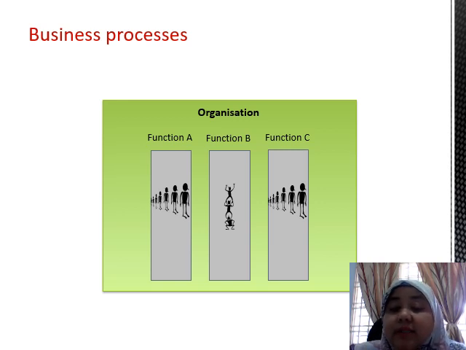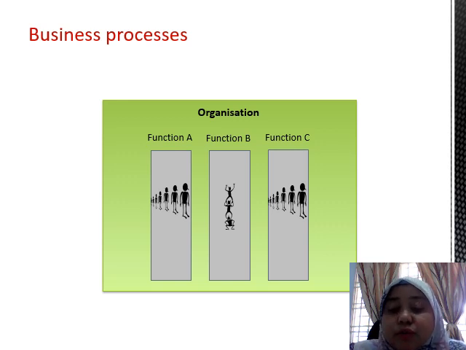In an organization, there will be a lot of functions. An organization, they must categorize according to its functions. Sebab apa? Setiap fungsi tu, setiap function tu ada dia punya purpose dia, ada dia punya tujuan dia, ada dia punya proses yang involved, ada dia punya aktiviti dan orang-orang dia.